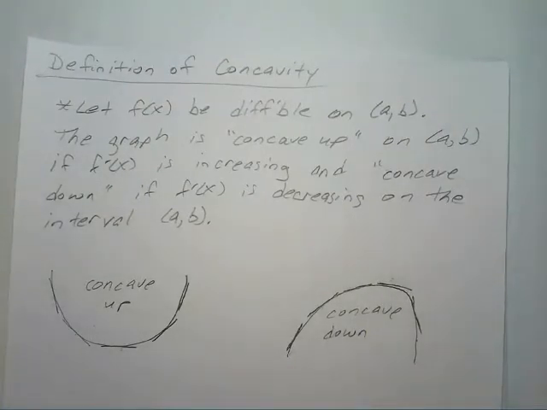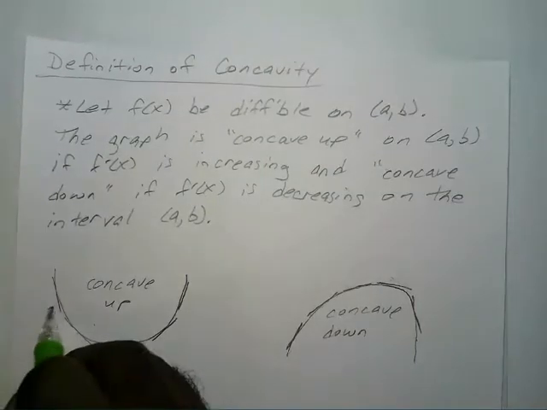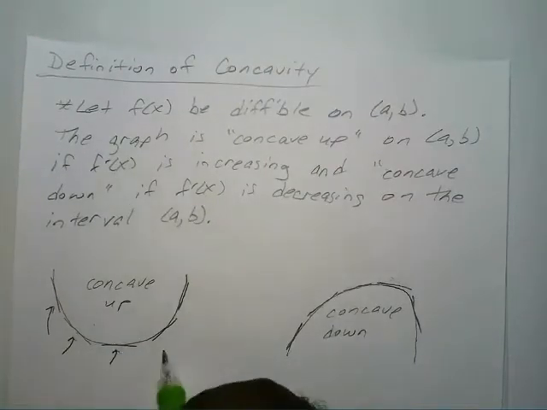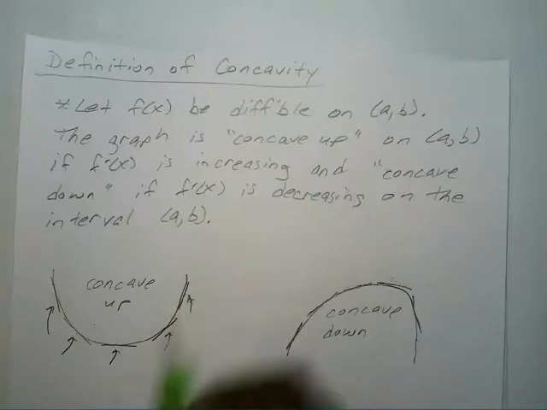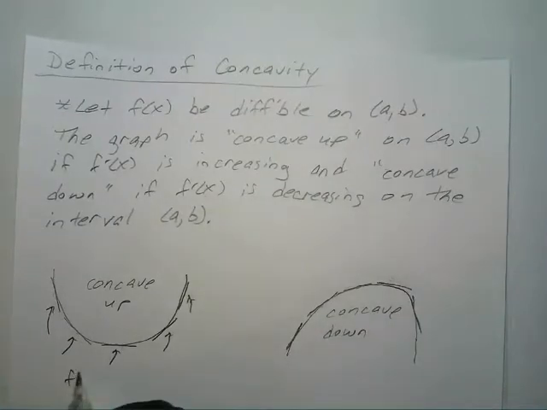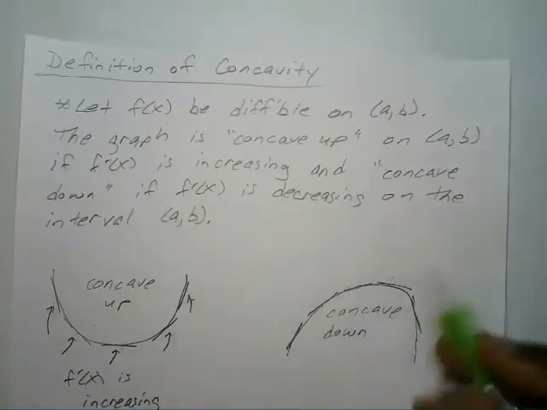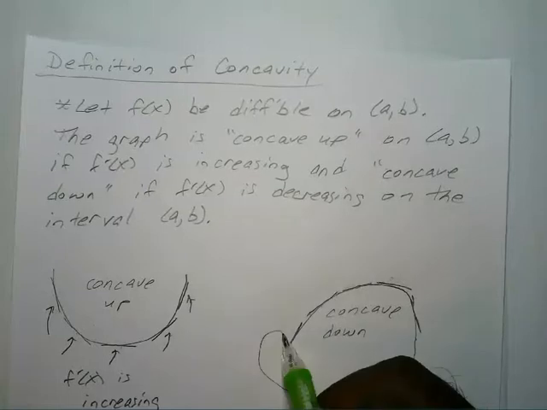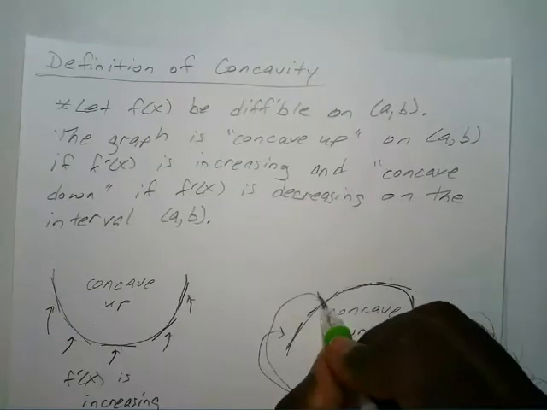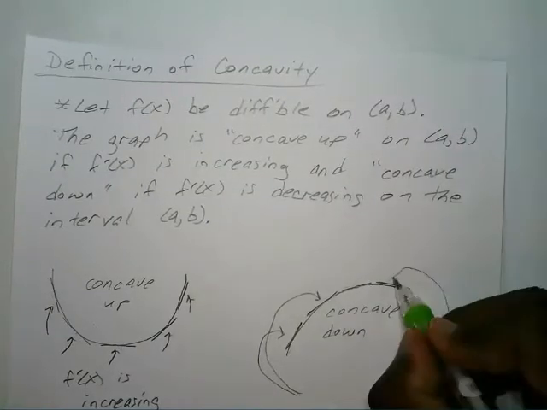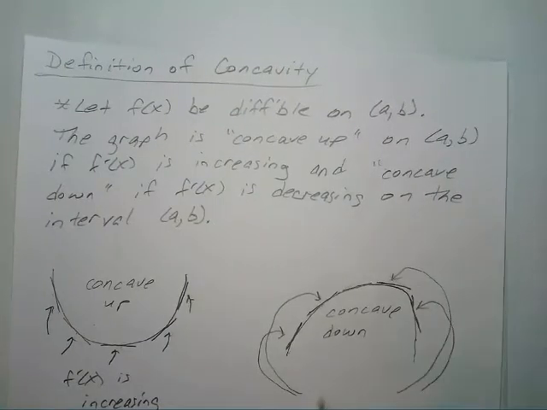Okay, so you see all of your slopes here, f prime of x is increasing. And you see all of those tangent lines, they're getting smaller and smaller, so your f prime of x is decreasing when it's concave down.